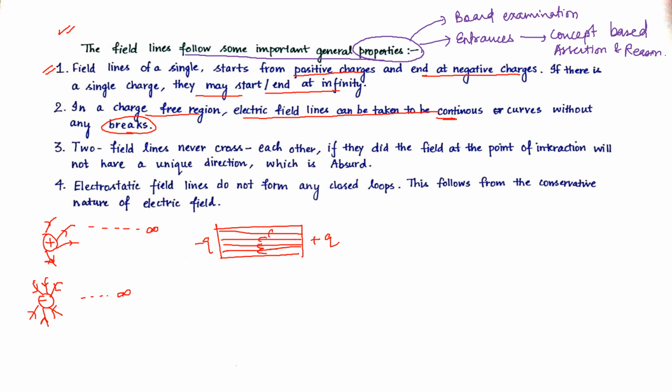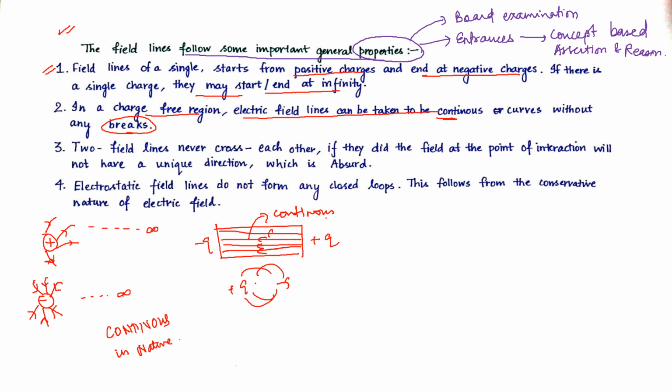So these form continuous, no-break lines. They are continuous in nature. Even in a system like this, here also they will form continuous lines. Always, electric and magnetic fields in any scenario are continuous in nature.